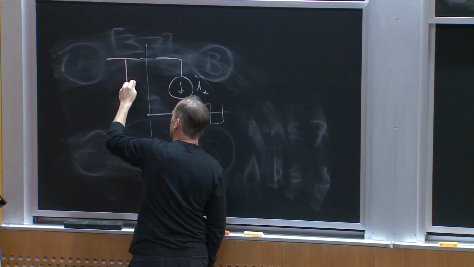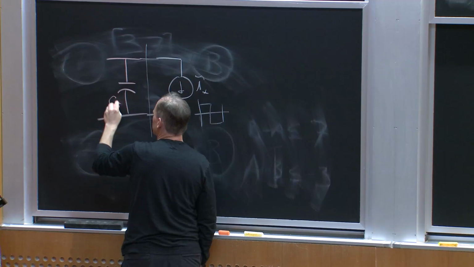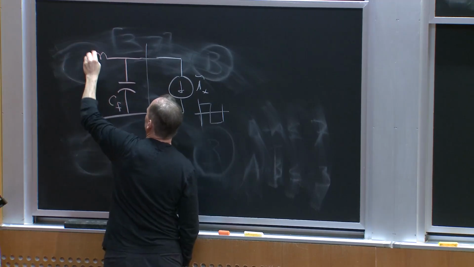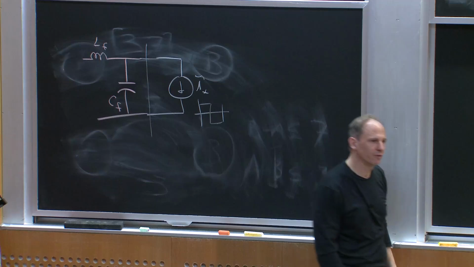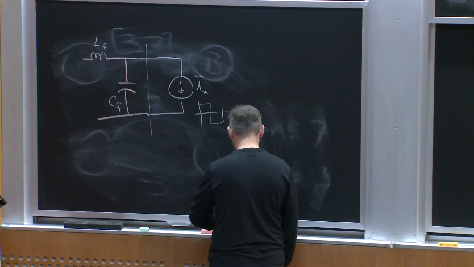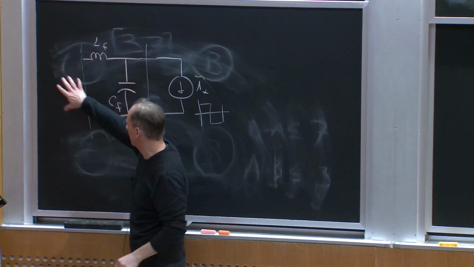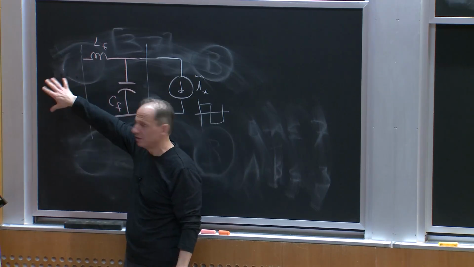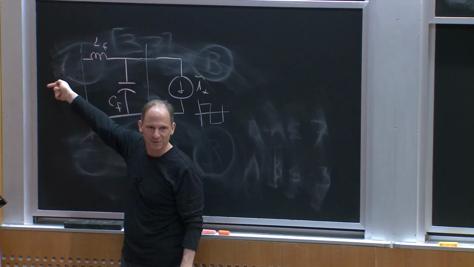Here maybe I would think of having some filter capacitor CF and some filter inductance LF as a basic building block for a filter. And the notion is I can look back, and on the other side of this filter, depending upon whether I'm in my test stand, I'm going to look back into something that looks like Z LISN, which at high frequencies might be 50 ohms, and at lower frequencies is something else.